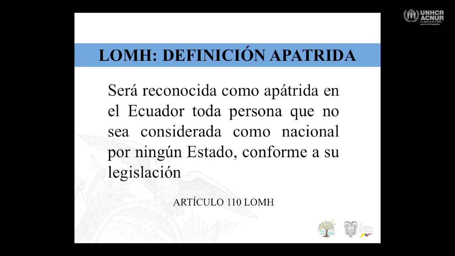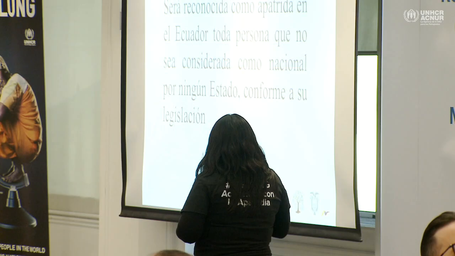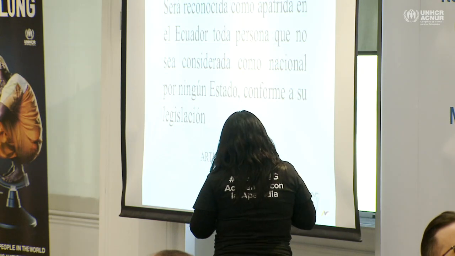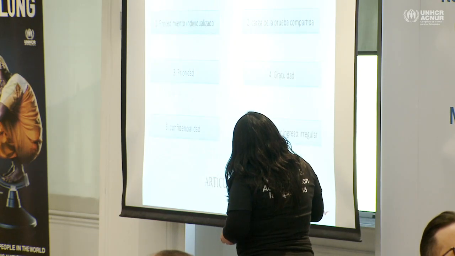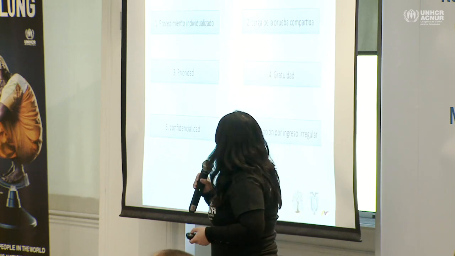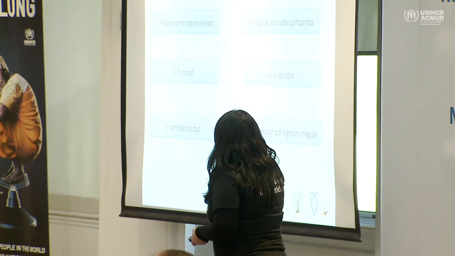According to this law of human mobility, we already include this notion of being stateless, and it will be recognized all the people who are not considered to be citizens by any state, basically, or in relation with their constitution.